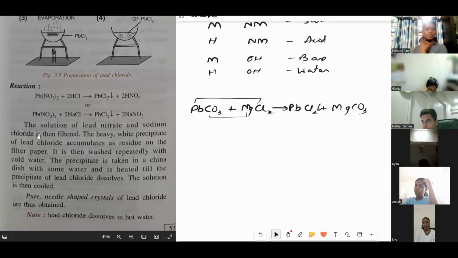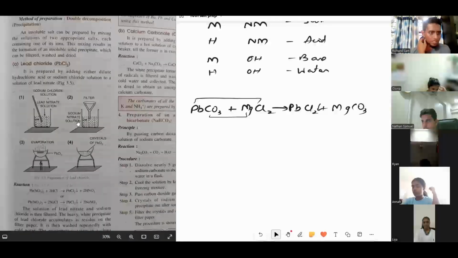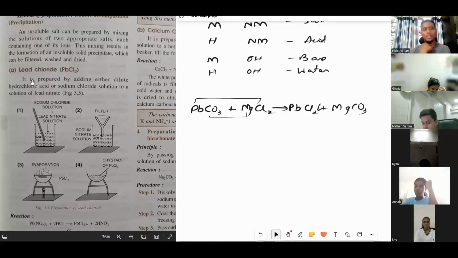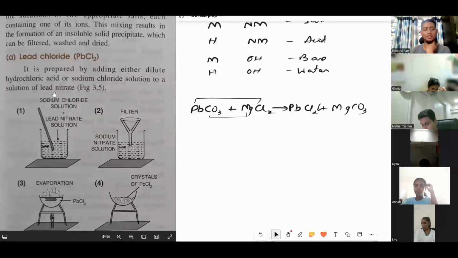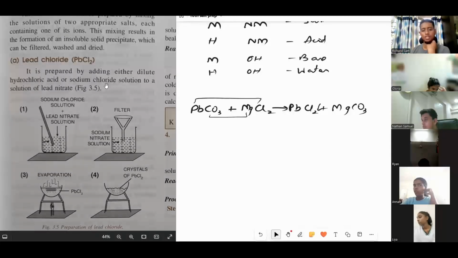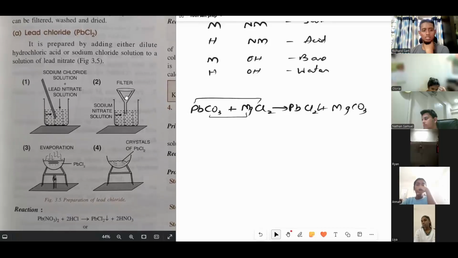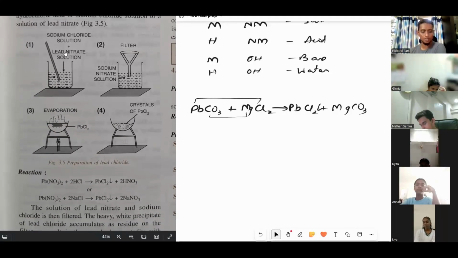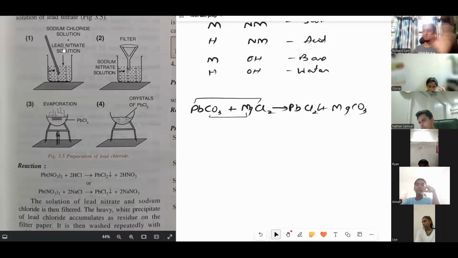All right, so what happens here? The solution of lead nitrate and sodium chloride is then filtered. Where is that? We missed the starting. Okay, it is prepared by either adding dilute hydrochloric acid or sodium chloride solution to a solution of lead nitrate. So very simple, you're just mixing both of them.